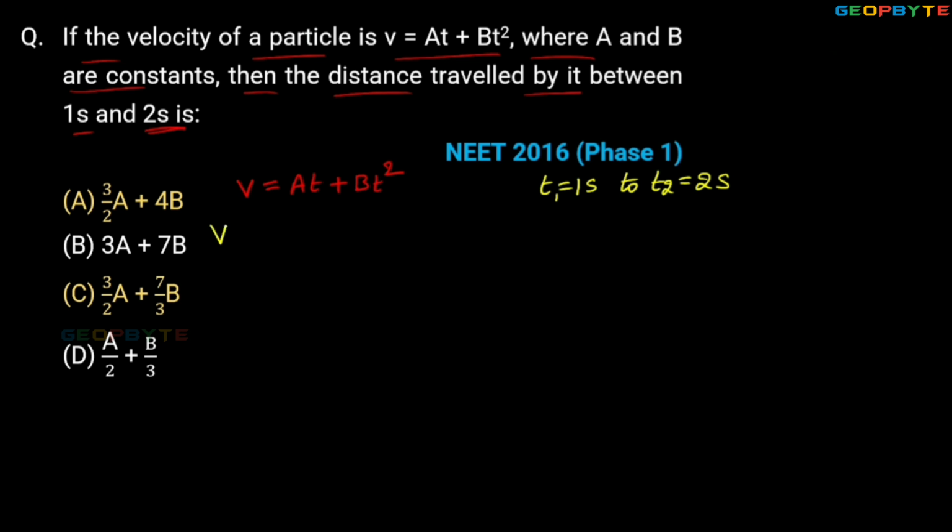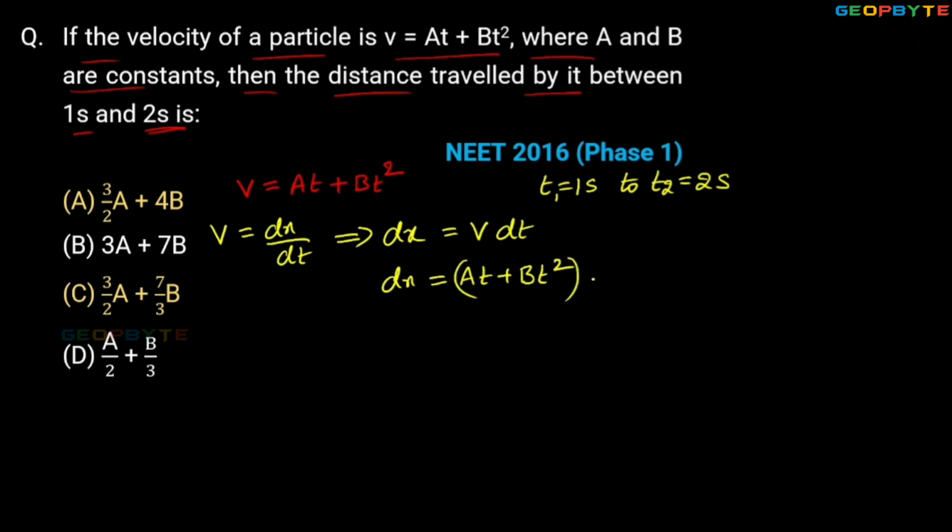As you know, velocity v equal to dx by dt. From this I can write that dx equal to velocity into dt. Now dx equal to at plus bt square into dt. For getting the distance traveled, you integrate and apply the limits from 1 to 2.